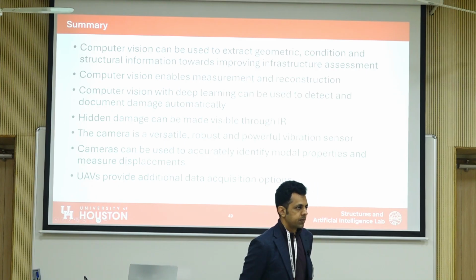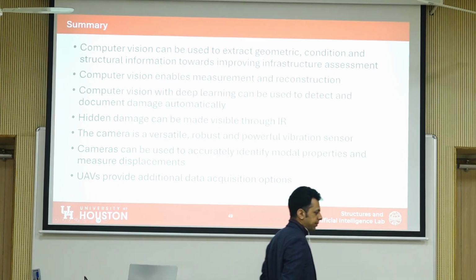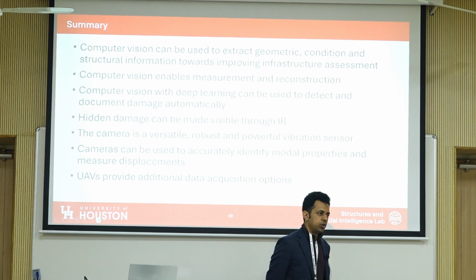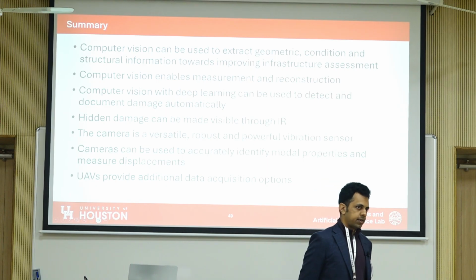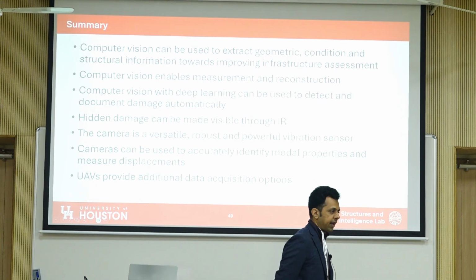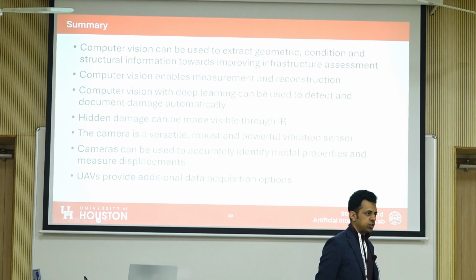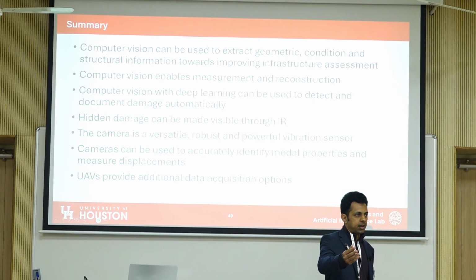Yes. If you can accurately measure how much the drone moved, then you can correct for that. People have looked at that, trying to jointly estimate the drone displacement as well as the displacement of the structure.